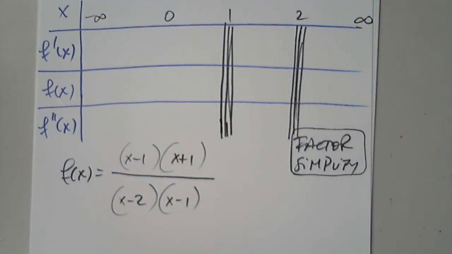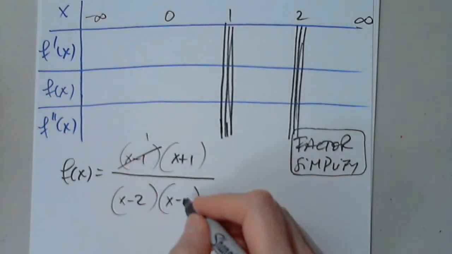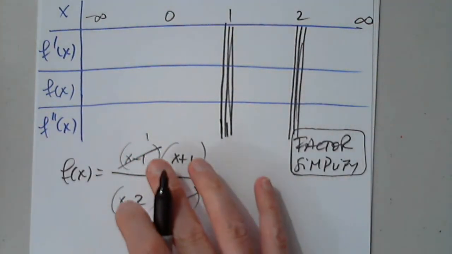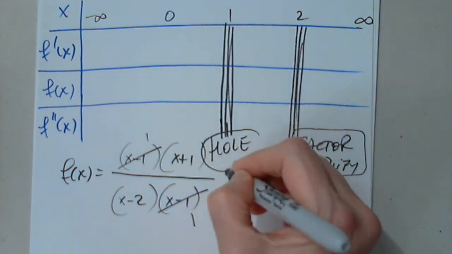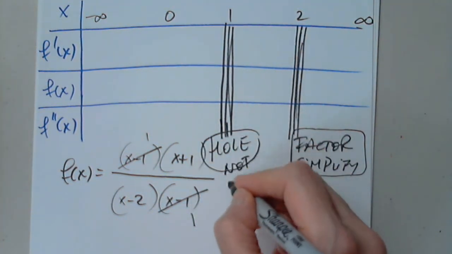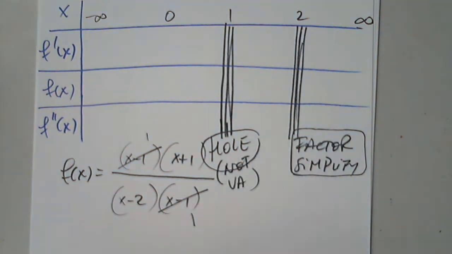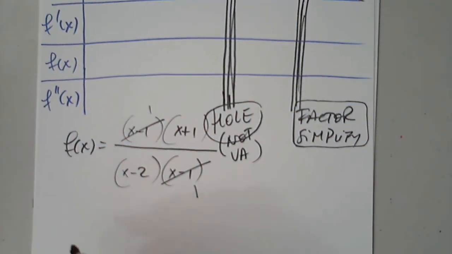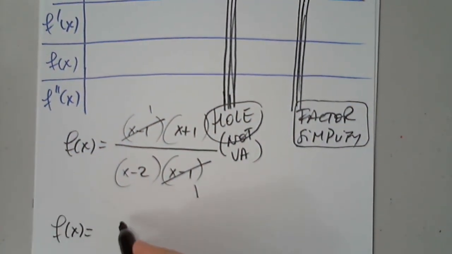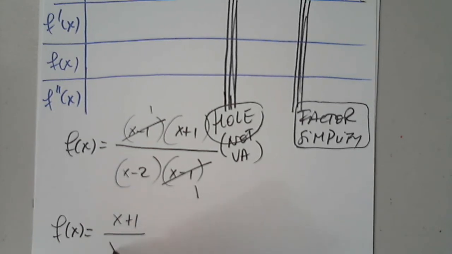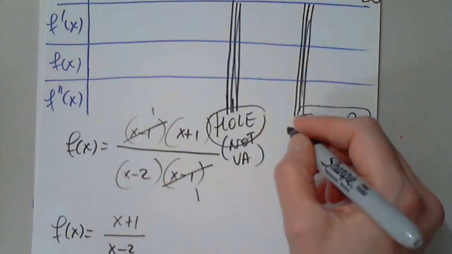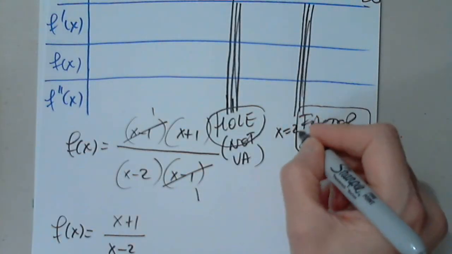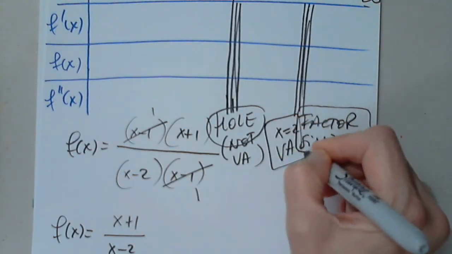Two of the factors cancel. Good. So x minus 1 goes away. I immediately write under 1, hole, not vertical asymptote. So the simplified form of this function is x plus 1 over x minus 2. And I know that x equals 2 is a vertical asymptote.